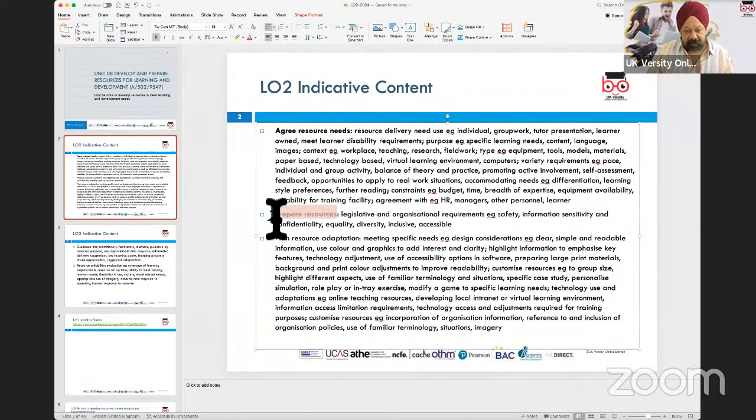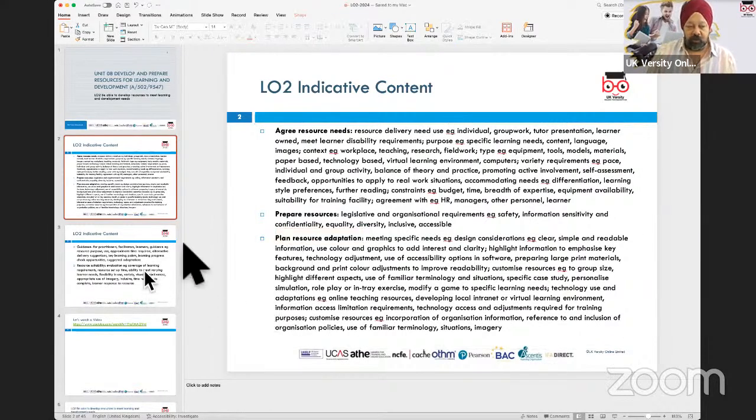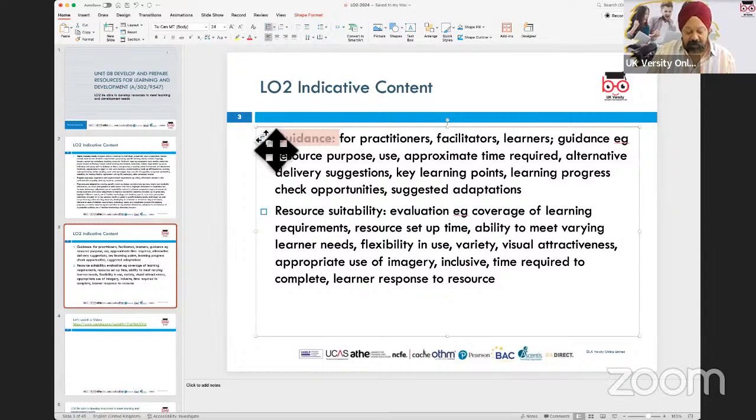So as you can see, as I mentioned to you, slightly different words are given in the indicative content. So here we are looking at agreeing first on the resources needed. We're looking at preparing resources and adapting them to a particular course, or a set of learners or cohort that we are going to deliver it to. And then we provide guidance to practitioners in terms of how these resources are to be used.